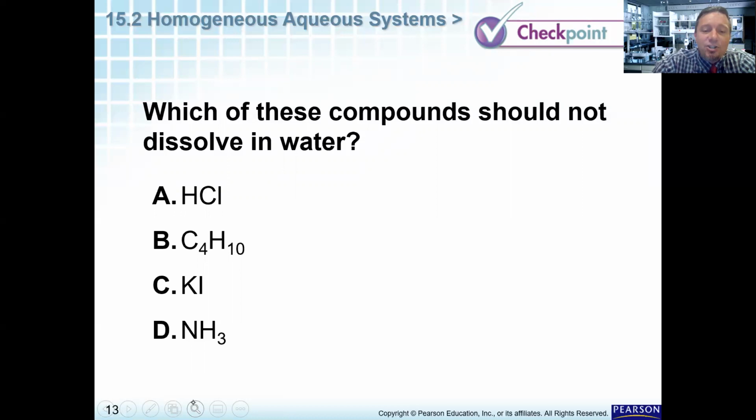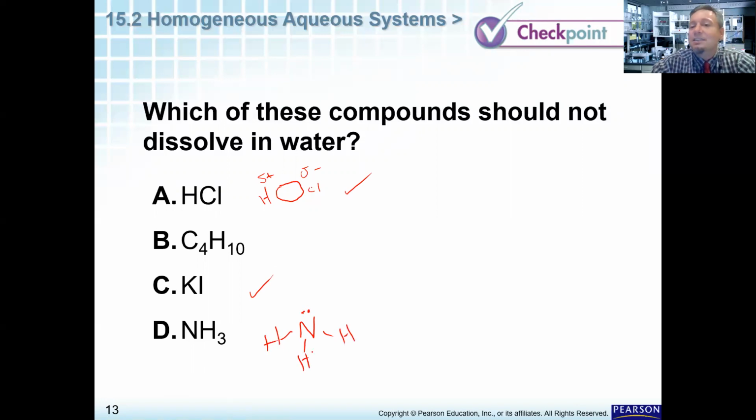We have here HCl, so you have this molecule that's going to have a slightly negative on the Cl side and a slightly positive on the H side. So that's going to dissolve. KI, that's an ionic compound. That'll dissolve. And now you have ammonia. So remember the structure of ammonia. You have a nitrogen, you have an unshared pair here, and you have your H's.